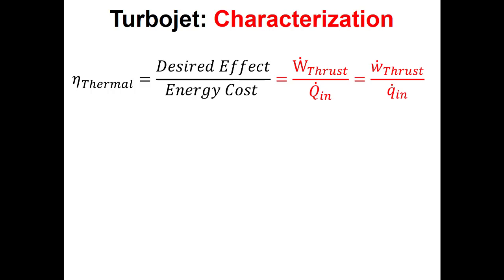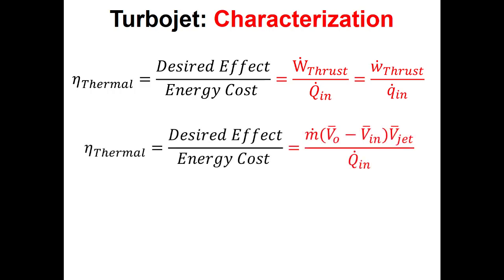But the kind of power we're interested in is this thrust power instead of the mechanical power that we're usually interested in. So if I wanted to get a thermal efficiency for a turbojet engine, this is the equation that I would use. Now, the textbook doesn't actually talk about thermal efficiency of turbojet engines, and we won't test this on an exam. But because we've been talking about the characterization for all these other cycles, I still wanted to give you some idea of what the efficiency is that we'll talk about in these turbojet engines.